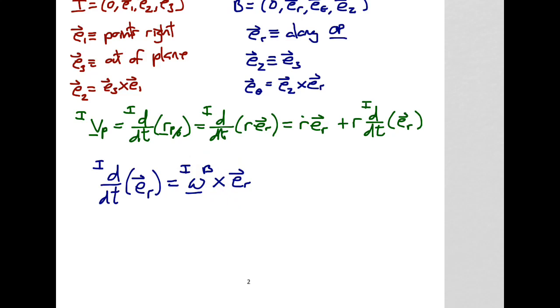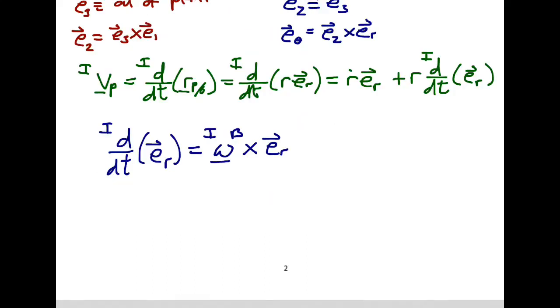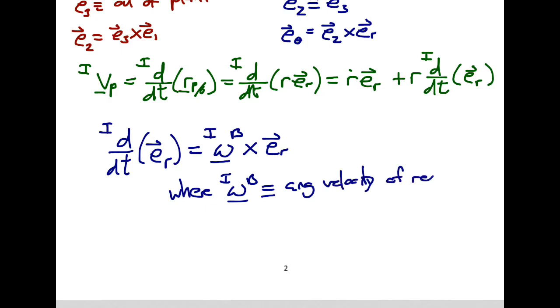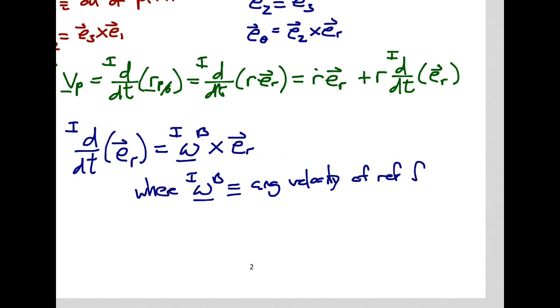And so this is where omega b, superscript to the right, I subscript to the left, is defined as the angular velocity of reference frame B as observed in reference frame I.